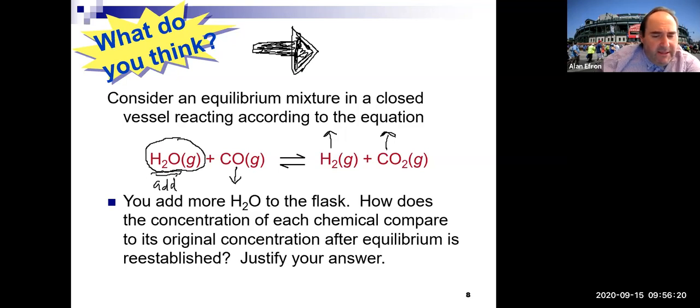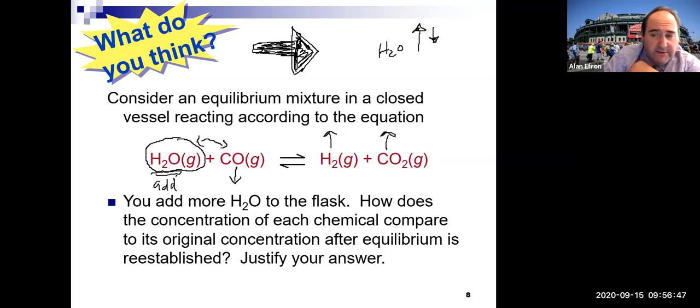And what will actually happen to the water is the water will go up first. The water will go up because you artificially added water to it. So the concentration is definitely going to go up. But once you've added it, it is going to start to react with the CO.